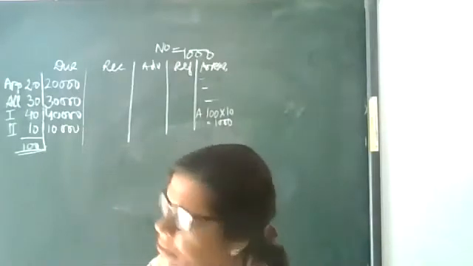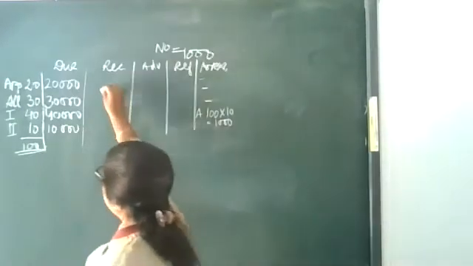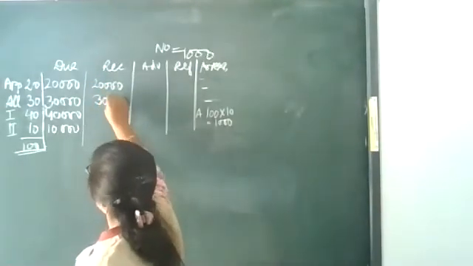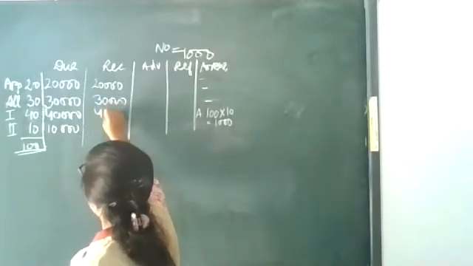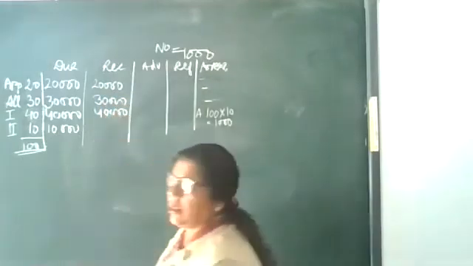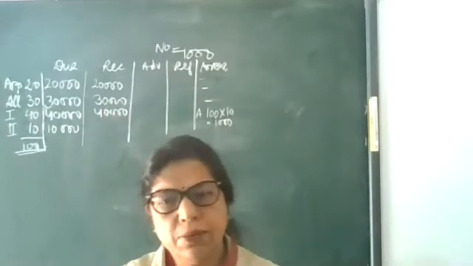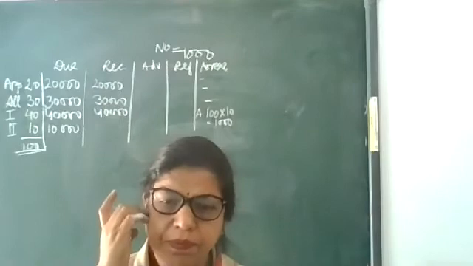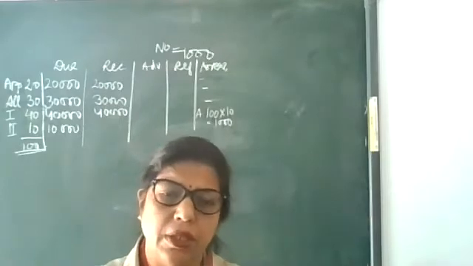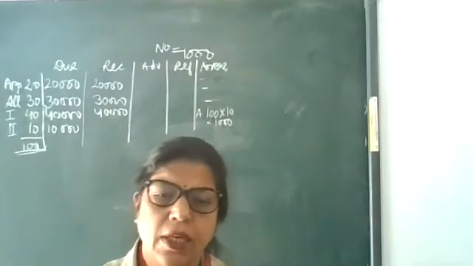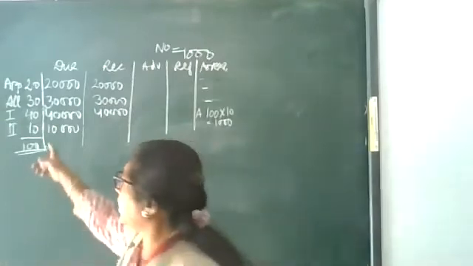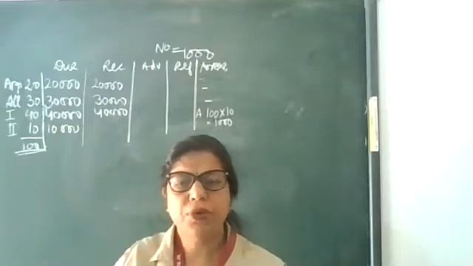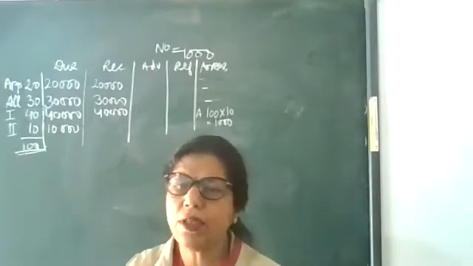Then the received amount. Received is 20,000, 30,000, 40,000, and the company due on second call is rupees 10,000, but a shareholder of 100 shares at the rate of rupees 10 was unable to pay the amount due on second call.